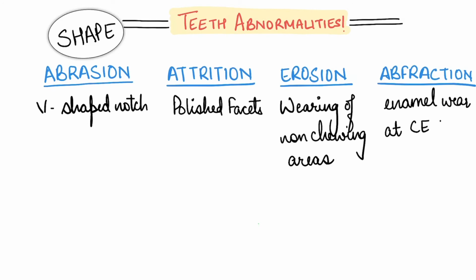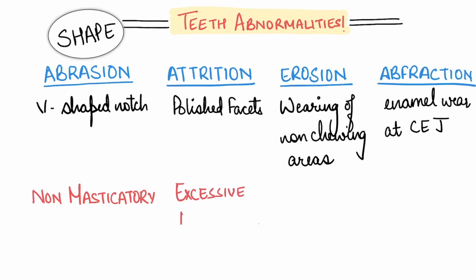So if we look into the causes of these, abrasion is caused by non-masticatory forces. This loss of tooth structure is due to the non-masticatory friction, and a very good example of this is excessive forceful tooth brushing, and it is commonly seen on the cervical margin of the canine and premolar area.